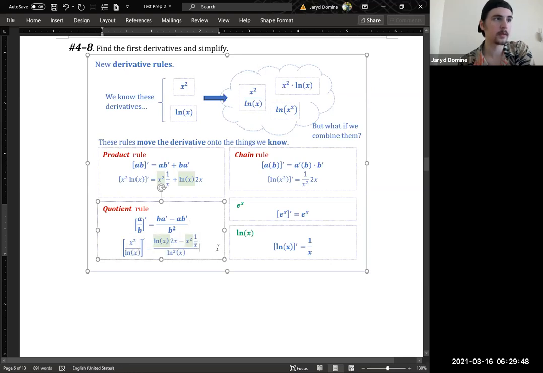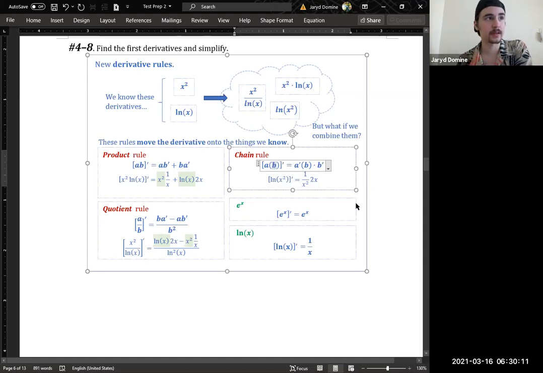Okay. Now the chain rule, I think the chain rule is probably the coolest one. It's actually pretty hard to explain. But once you see it, it's going to snap in place super hard. So let me see if I can explain it. If we have a function inside of another function, so like what if I put this x squared inside of a log? Okay, what happens then?